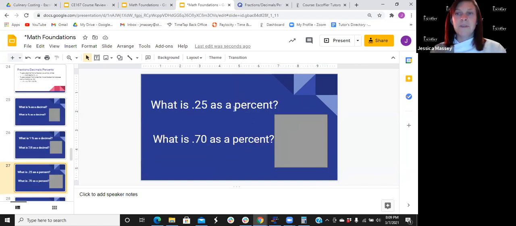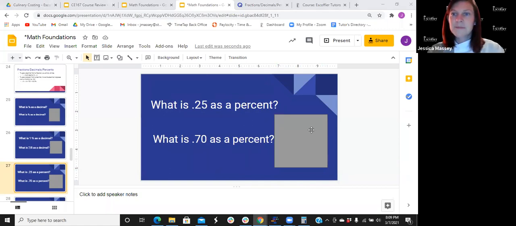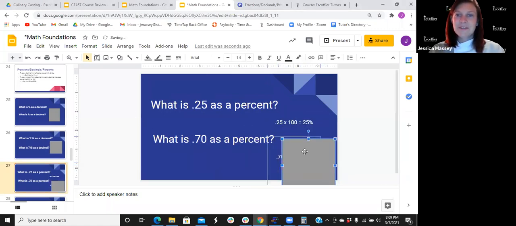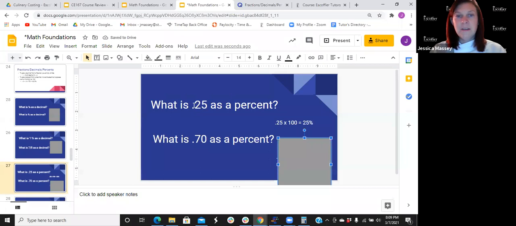What is 0.25 as a percent? Feel free to shout it out, throw it in the chat. 25%. Perfect. So again, you can take that decimal and move it 2 spots to the right to equal 25.